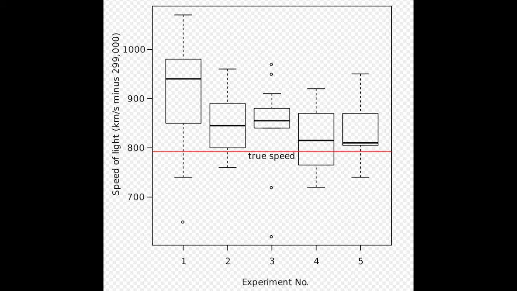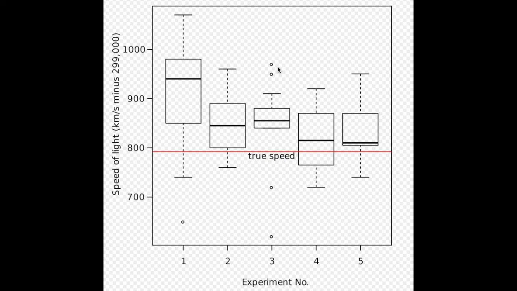So, looking at these box plots, we can see that there are 5 identified outliers. So we've got 1 in experiment number 1, and then we have 4 in experiment number 3. And we can see why these have been eliminated.